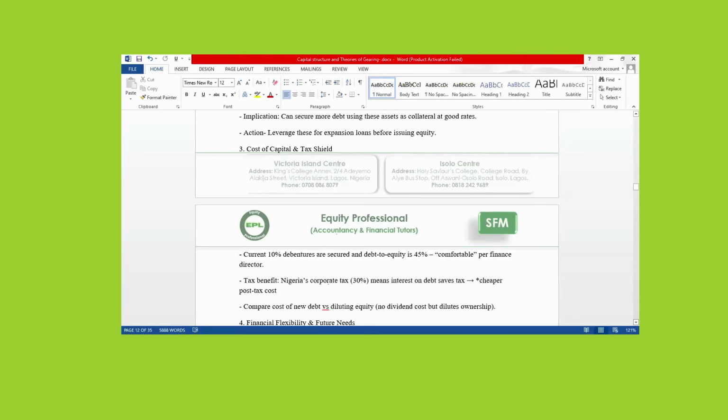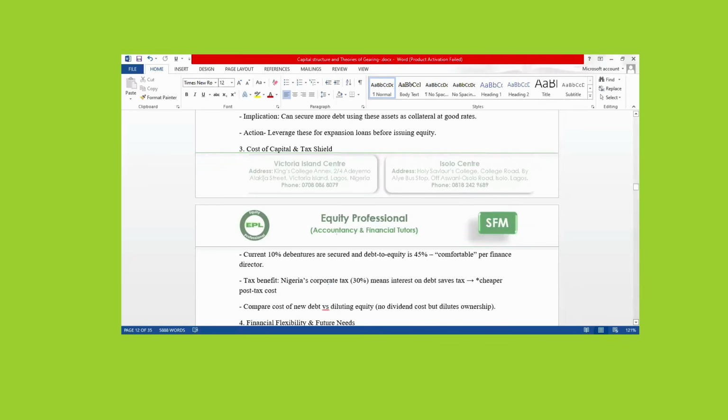The company may need to consider and compare cost of new debt versus dilution in equity. What is the cost of obtaining new debt compared to diluting the equity?